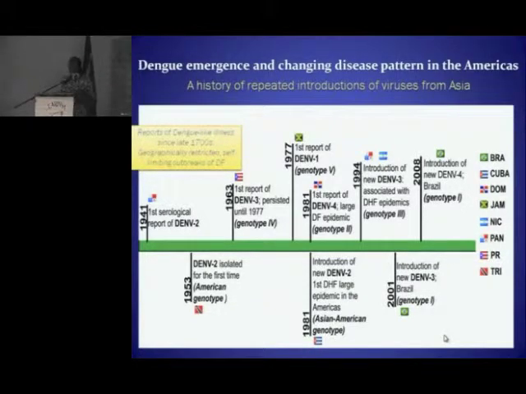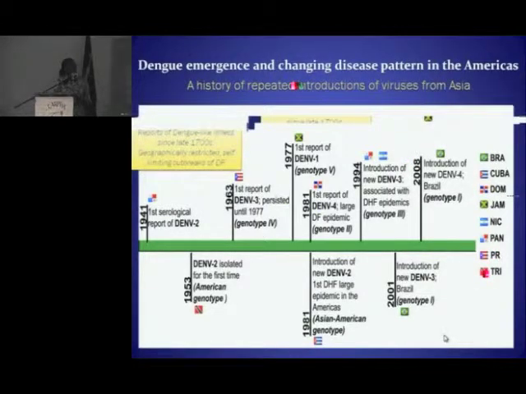So we have had dengue within the Americas for hundreds of years, but we only had dengue virus serotype 2, and that was thought to have been introduced to the region from Africa via the slave trade. So 1941 was the first time that there was a serological confirmation of dengue 2, but previously there were many written reports of dengue-like disease.